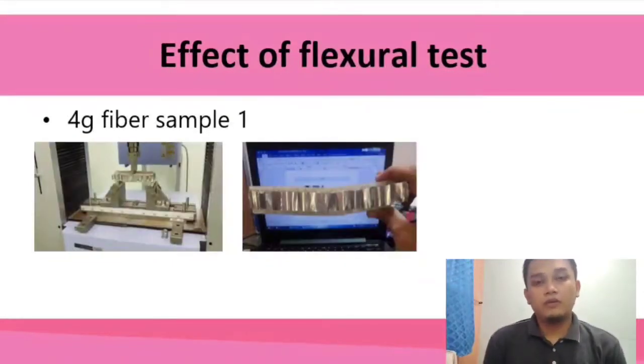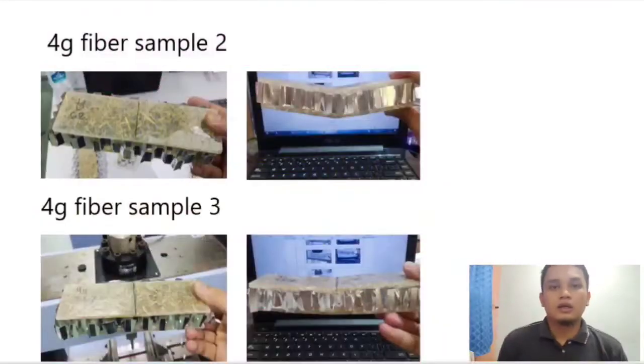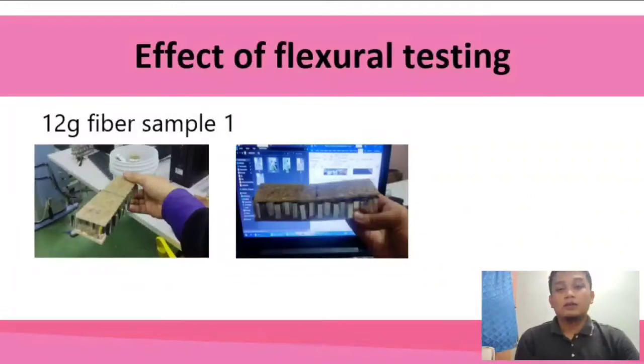The first sample for 4-gram fiber breaks at the bottom part of the resin. The second sample for 4-gram fiber breaks at both top and bottom side of the resin. Meanwhile, for the third sample, the bottom part breaks. The first sample for the 12-gram fiber breaks at the top part of the resin.